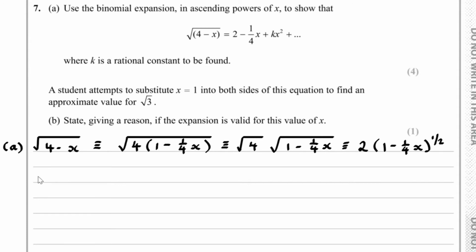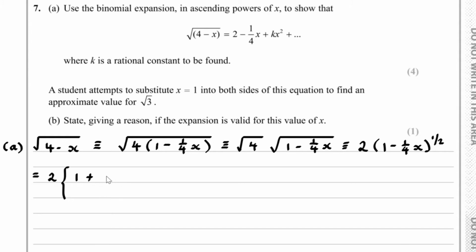So, if I work out what this is, we've got 2, and then we've got 1 for our first term.